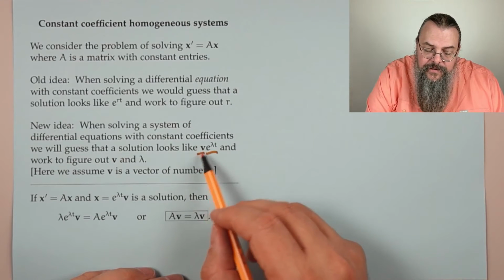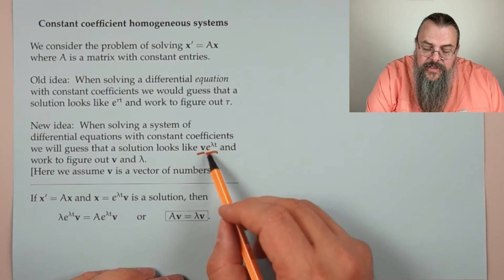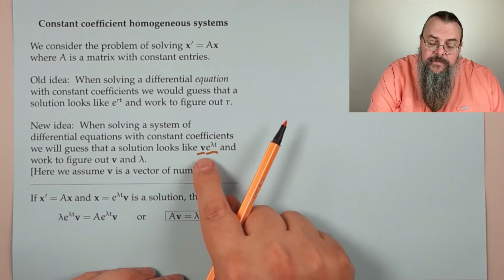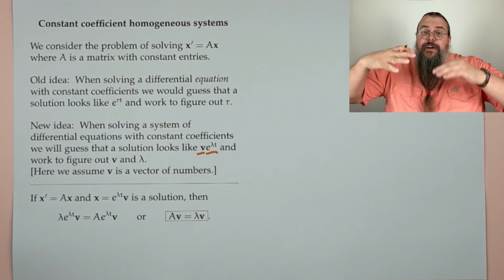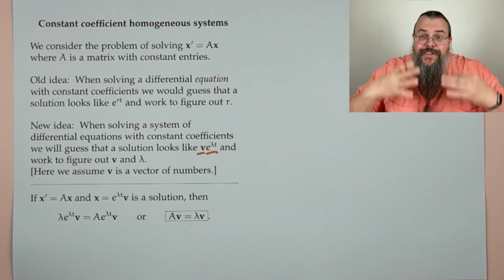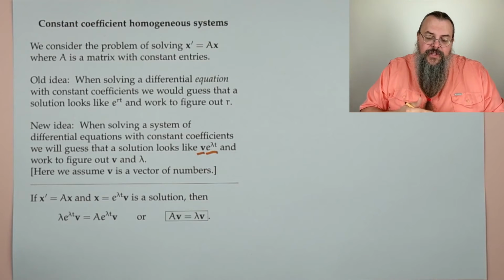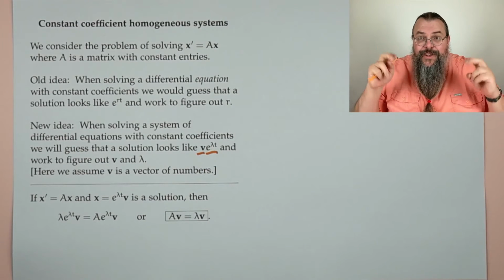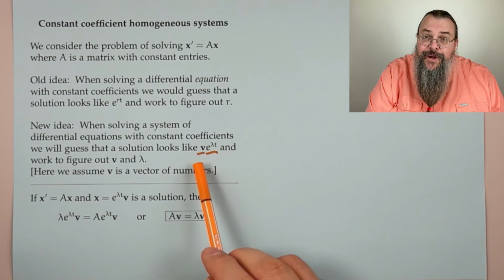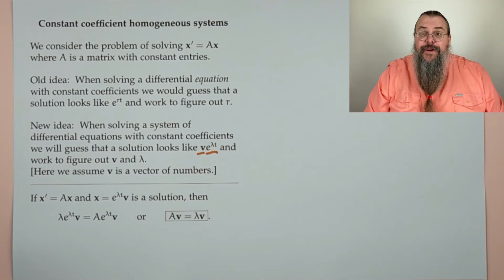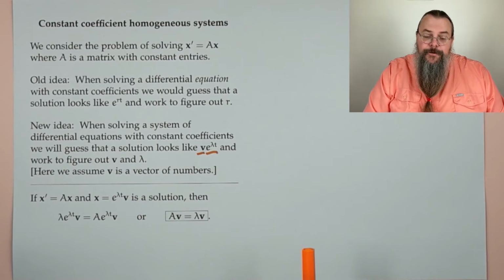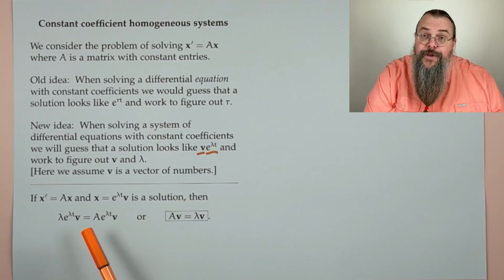So there's a vector v, and then there's this e to the lambda t. Now v is a vector which is constant. There are numbers here. So you can, roughly speaking, think of it as a function times a constant. It's not a bad way to think about it.